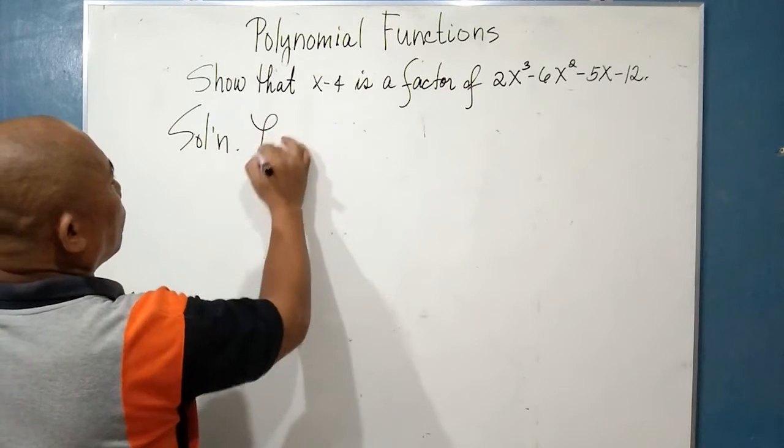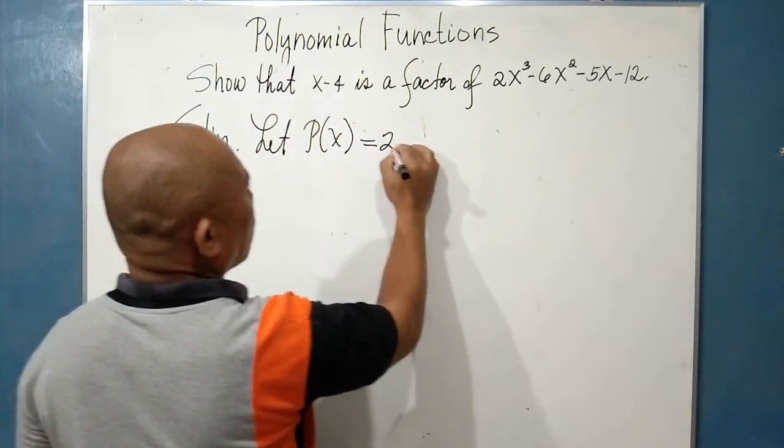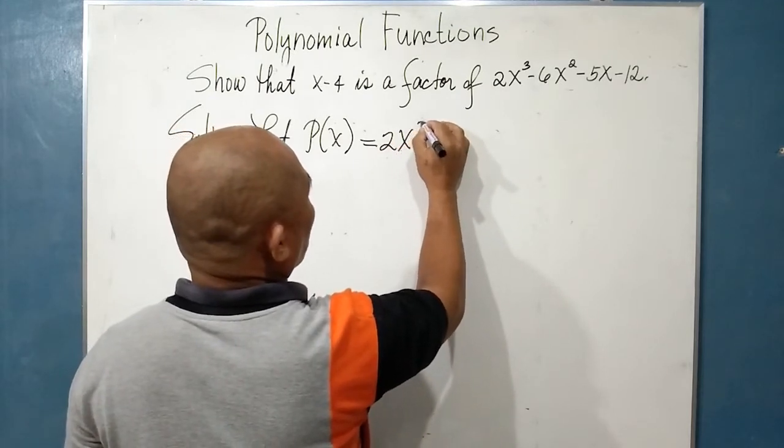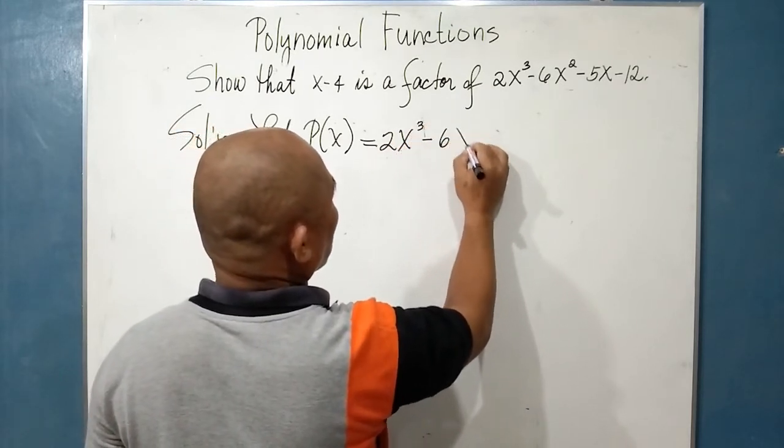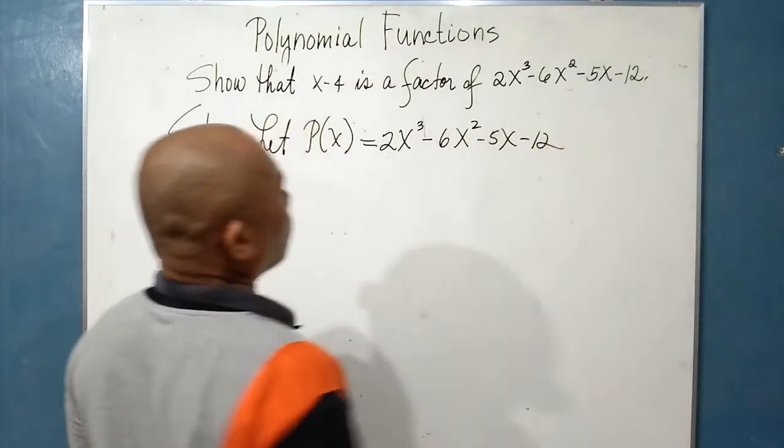moingon ko, let p of x equals 2x cubed minus 6x squared minus 5x minus 12.